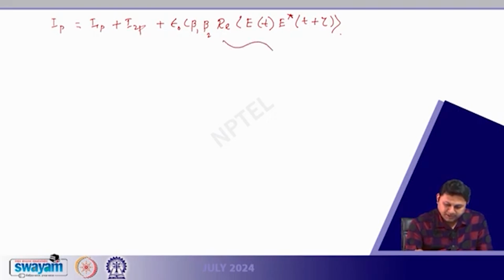This is a very important factor in understanding coherence. This is called the correlation function.